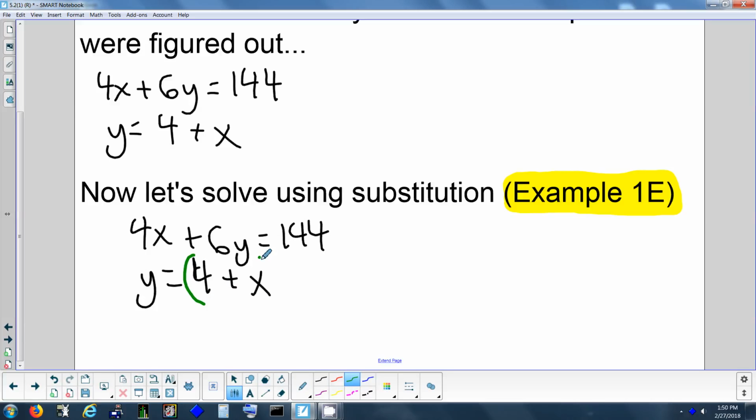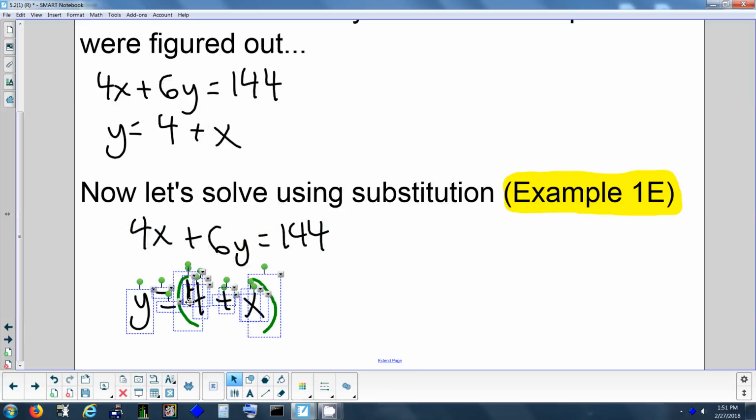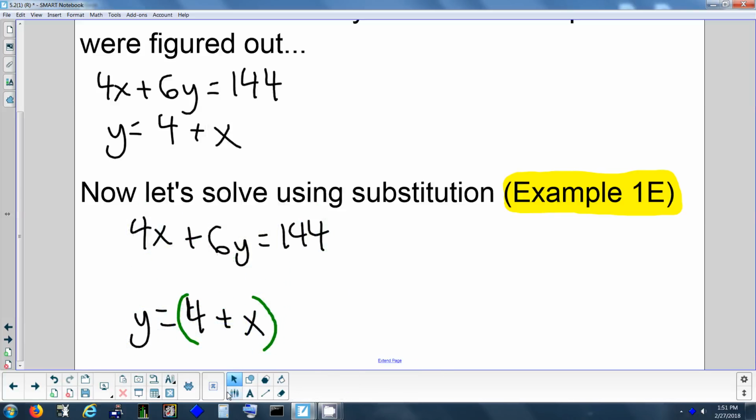Because that's the one where y is by itself, right? And then what else am I going to do? Put parentheses around the y in the other one. Excellent, very good. So I'm going to put parentheses around y in the other one.